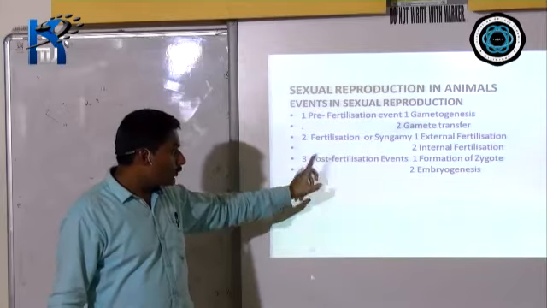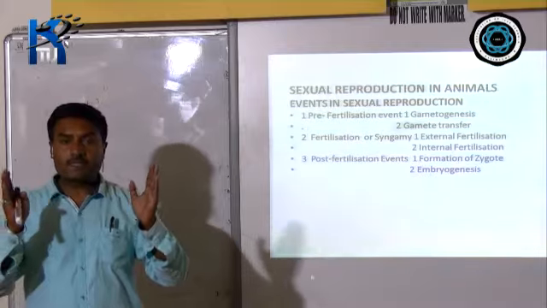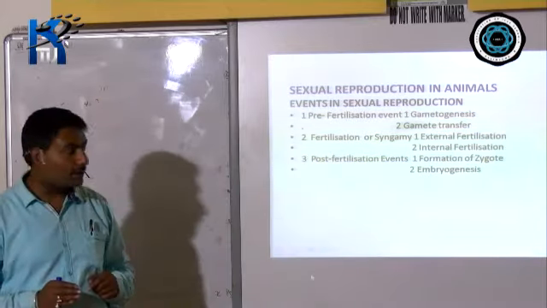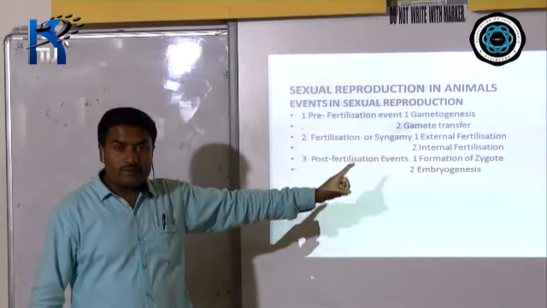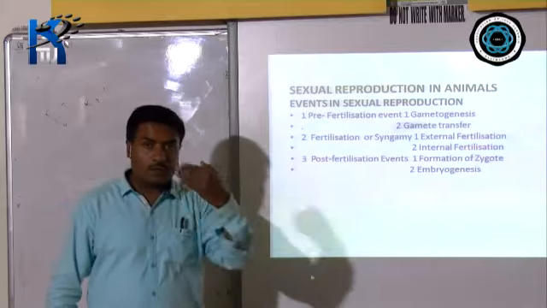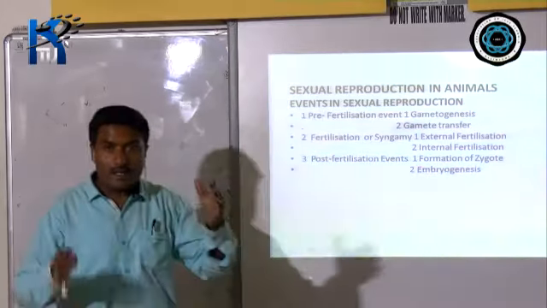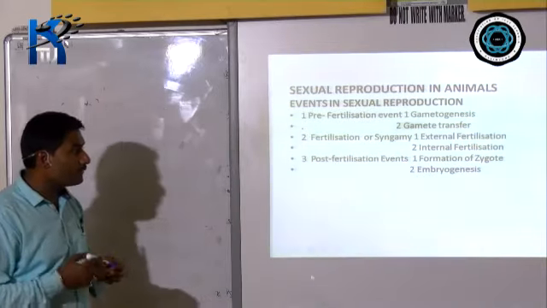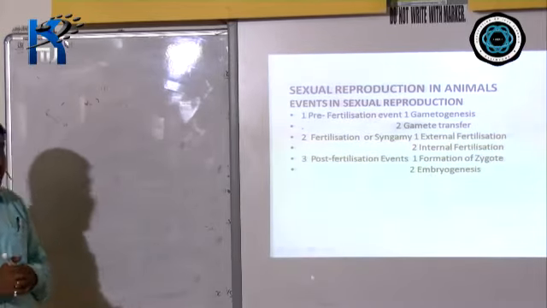After fertilization has taken place, the two haploid gametes have fused together, leading to a diploid nature. The fusion of these two reproductive cells leads to the formation of a zygote.